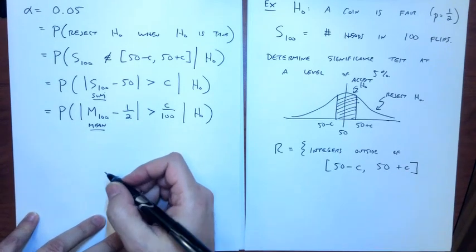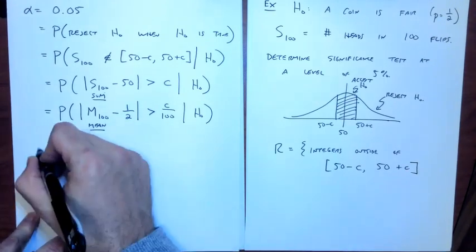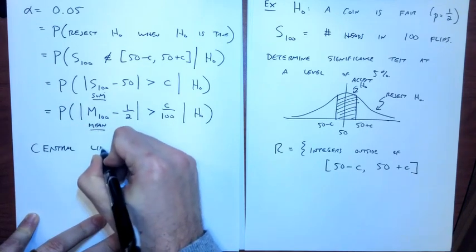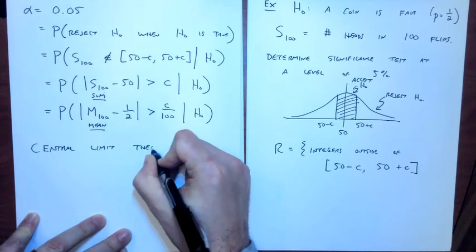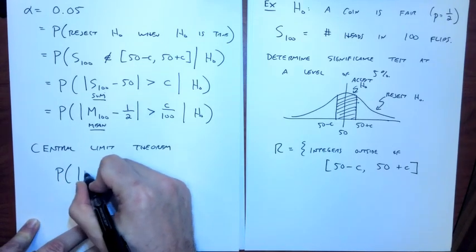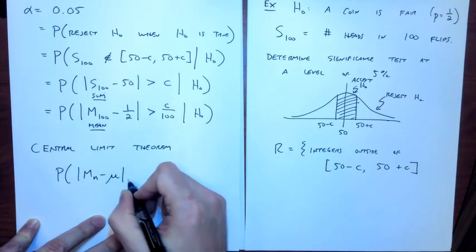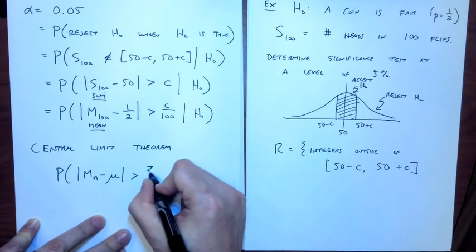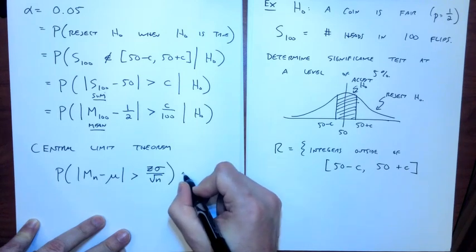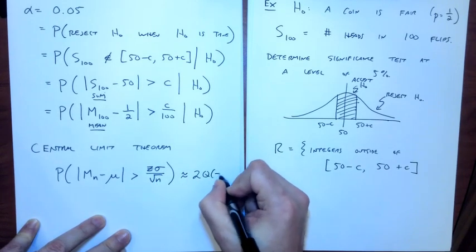And now I'm going to compare this to the central limit theorem, which was basically saying that the probability that I am further than z sigma over square root of n from the mean is approximately 2 times Q of z.